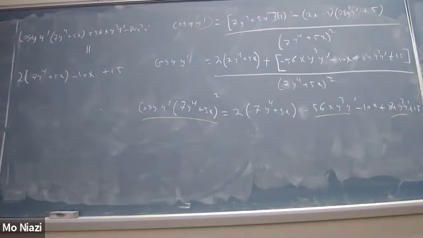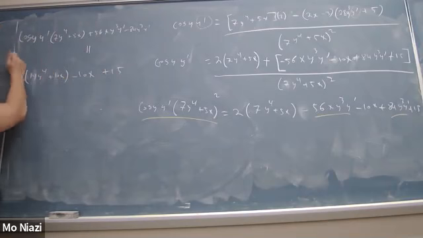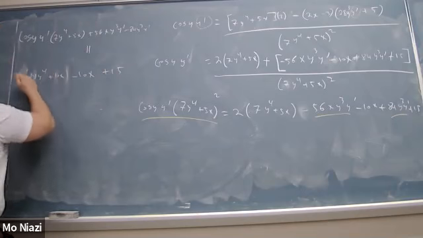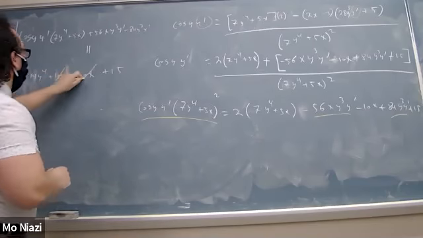So then we can send this 2 actually into here, making this a 14y cubed plus 10x. You distribute the 2, then you can cancel out the 10x's.